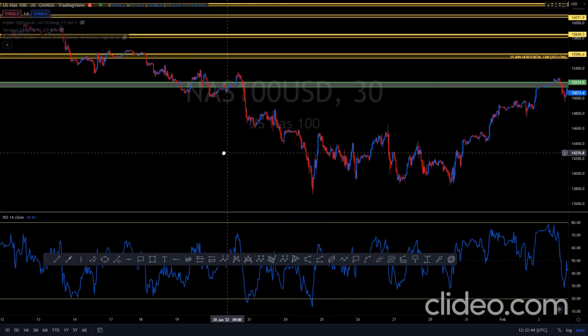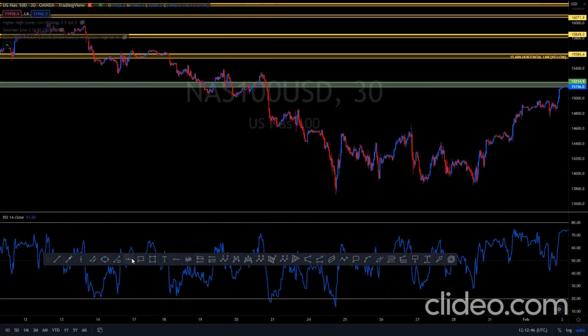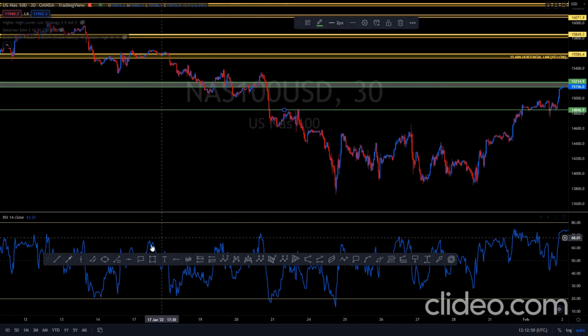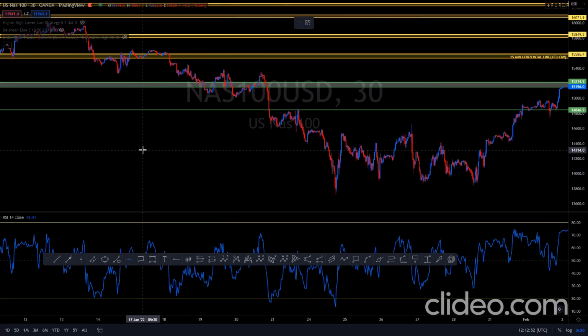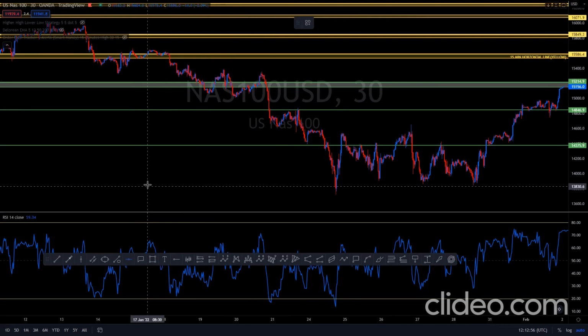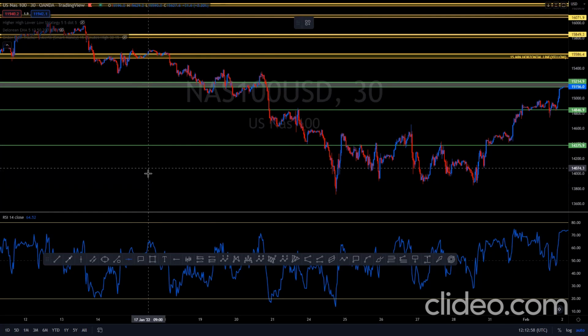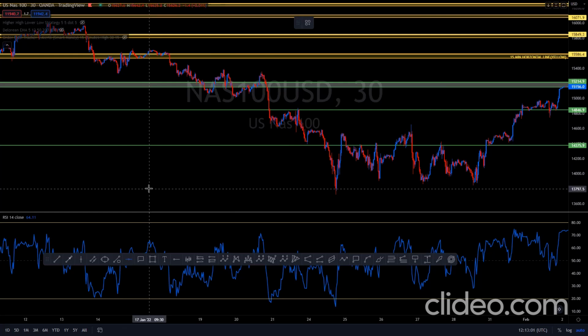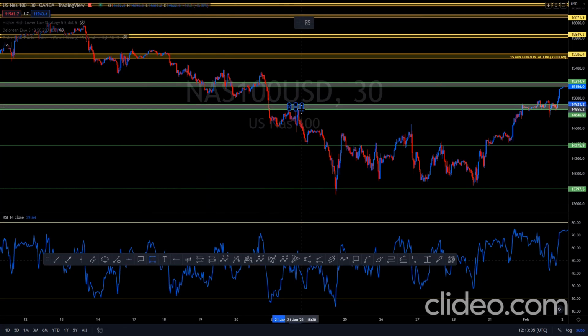And then I want to get these areas down here as well. Then we want to mark up the horizontal lines for here.